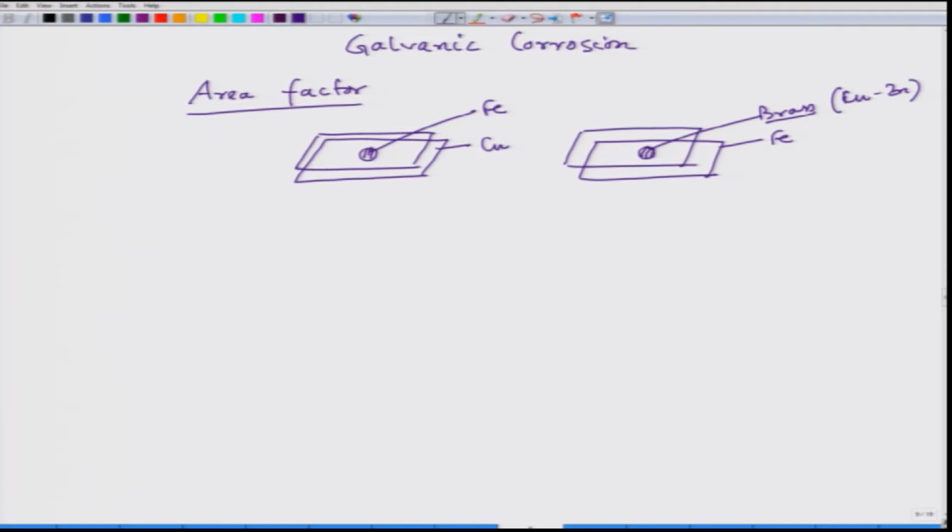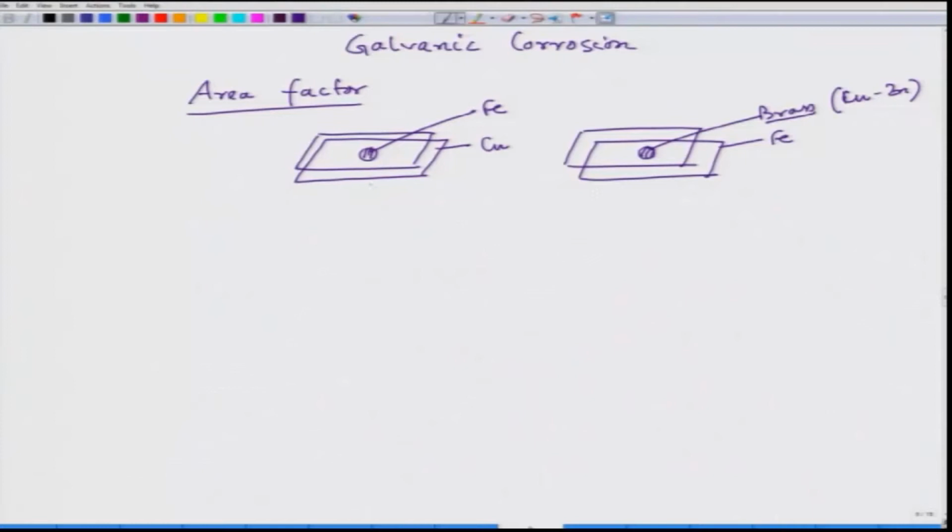In these two cases, if we dip these riveted objects in a 3.5% NaCl solution, we would see that the iron rivet joining two copper plates would lose its strength quickly as compared to the brass rivet fastening two iron plates.